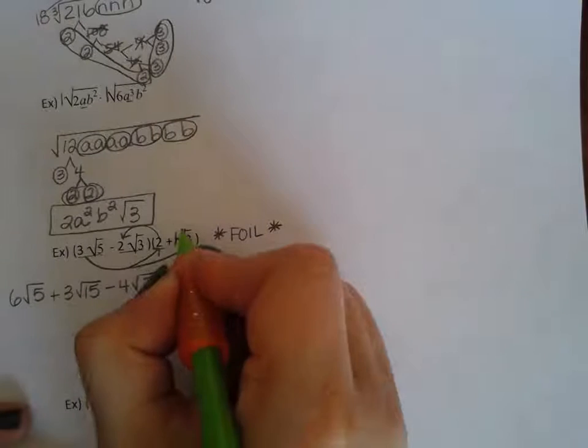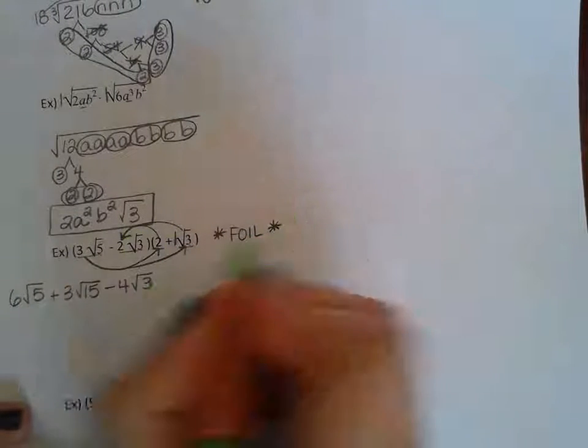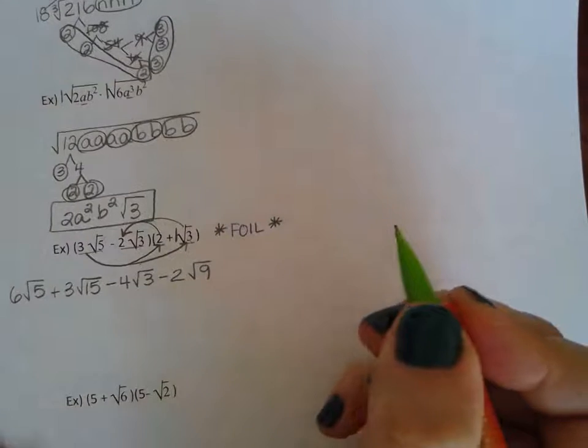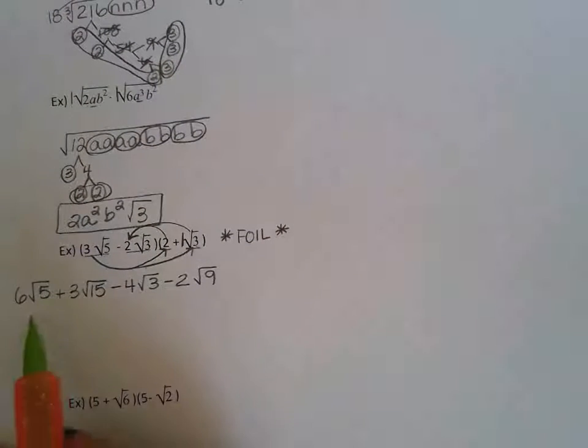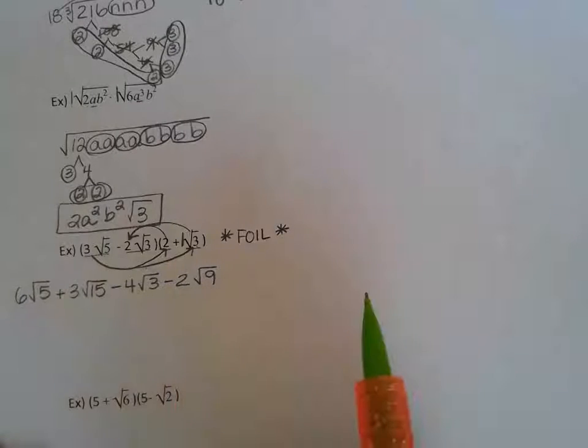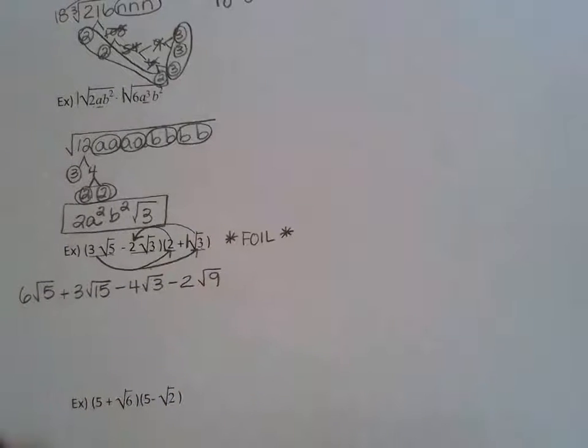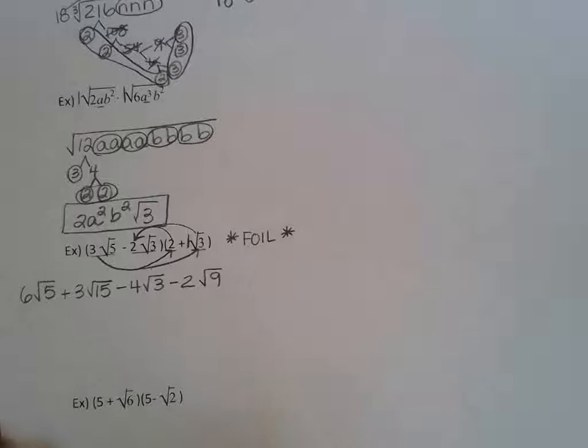And then 1 root 3 times negative 2 root 3 is negative 2 root 9. So you're going to end up with 4 terms when you FOIL. If you don't have 4 terms after you FOIL, then that means you forgot one somewhere. So we got to go back and make sure that you distributed everything.